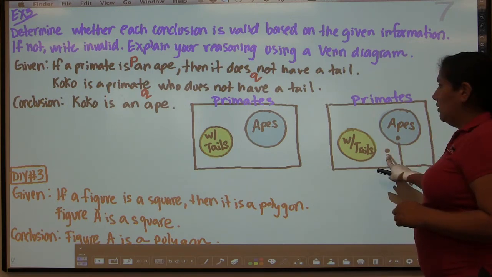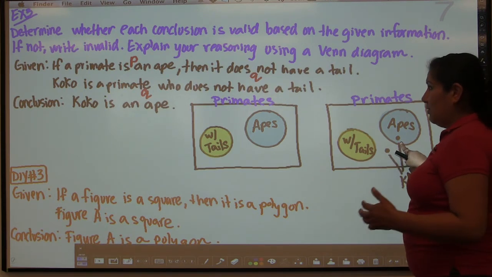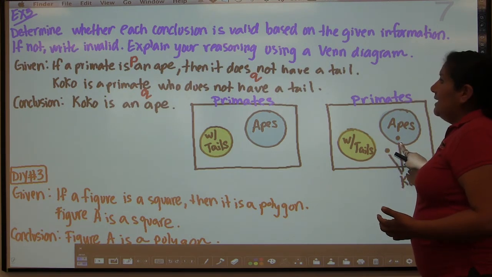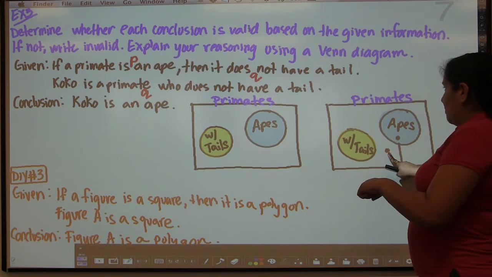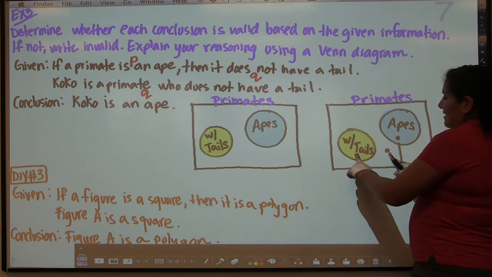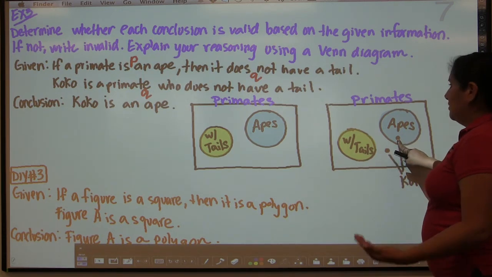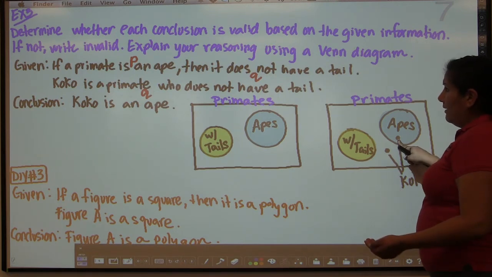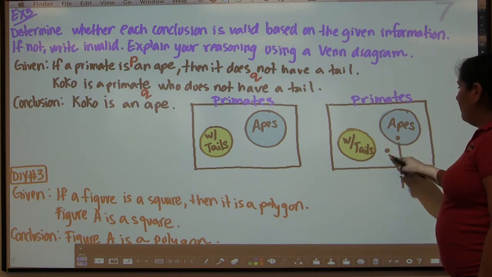So this dot here is inside of the primate square, and so is this dot. But it also says does not have a tail. So this dot is inside the primate square, but not inside the circle with tails. Also, this dot is inside the primate square, and also not inside the circle with tails. So Coco could be in either one of these places.